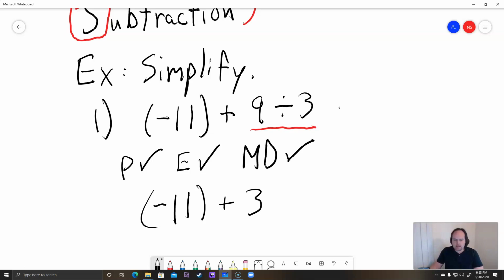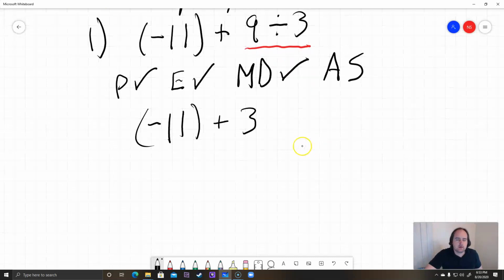So that's our MD. And then our last step is addition and subtraction. And here, there's only one operation that we need to do, which is negative 11 plus 3. Now, because these numbers are opposite signs, we keep the sign of the larger number, which is 11, and we subtract. So this is actually going to be 11 minus 3, which is 8.